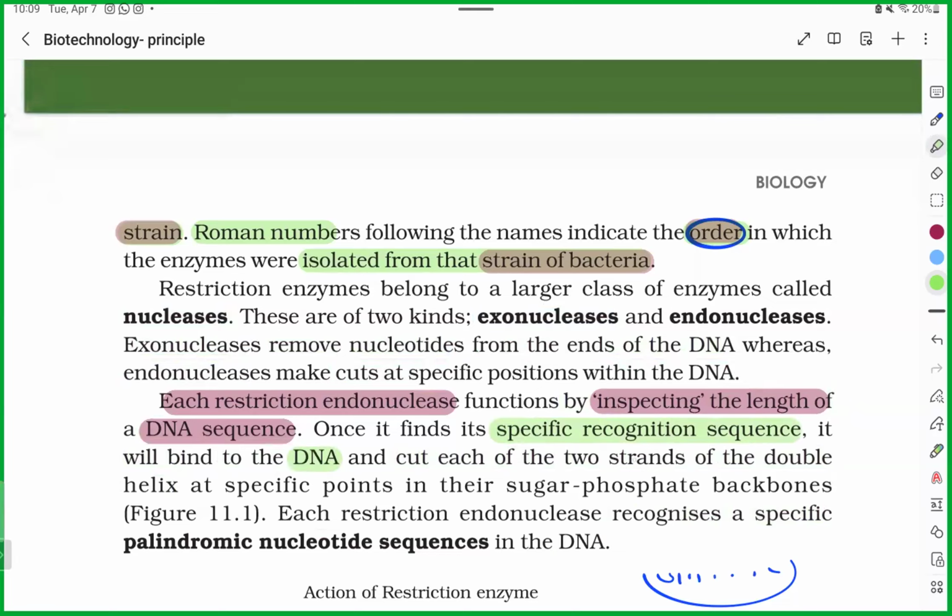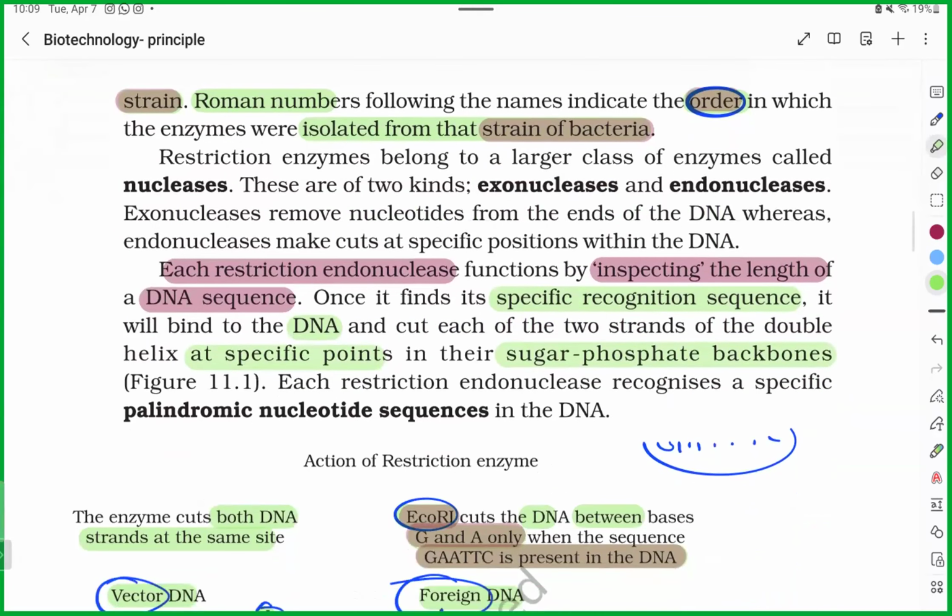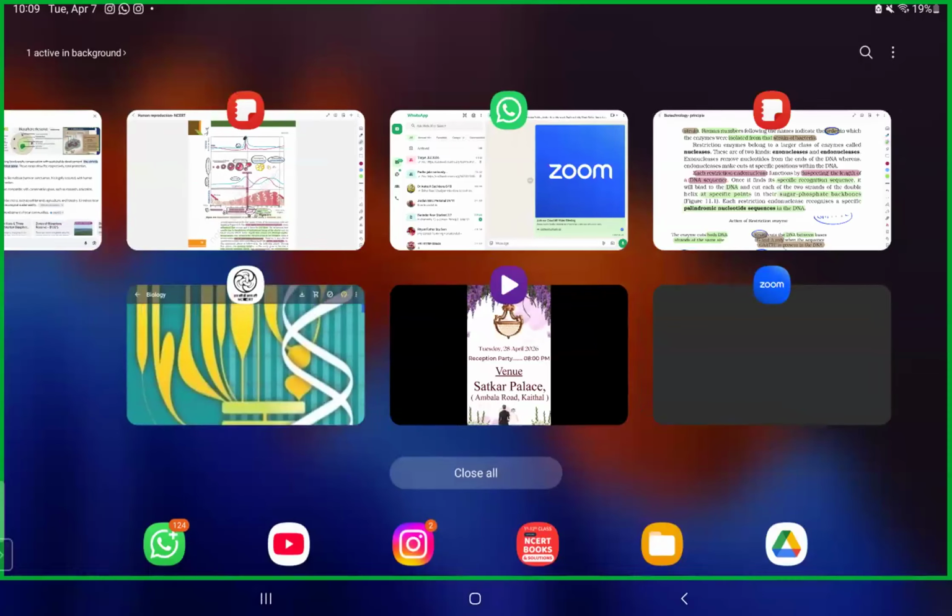It will cut the two strand of the DNA at specific point in the sugar phosphate backbone. Sugar phosphate backbone. Correct? And enzyme will recognize palindromic nucleotide sequence in the DNA. Correct? It recognize only palindromic sequence. समझ में आया सबको? Now solve the question.